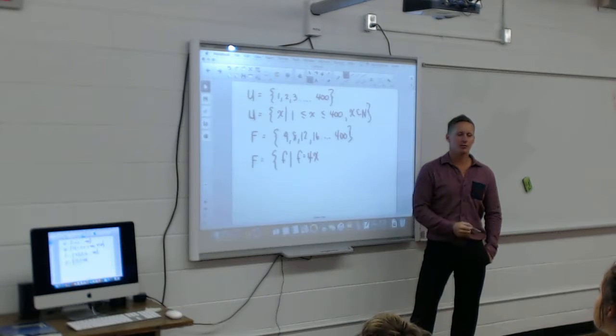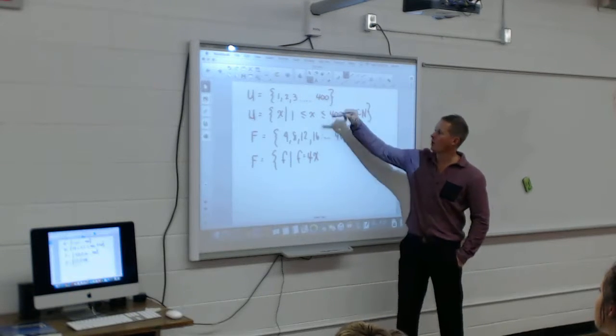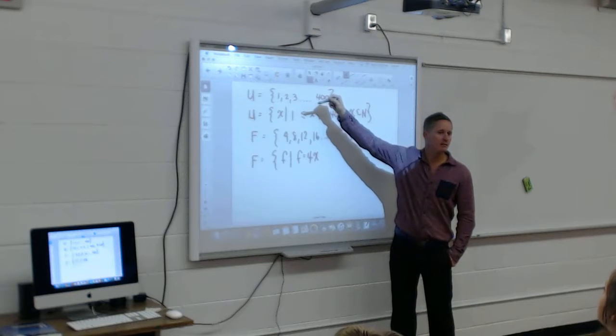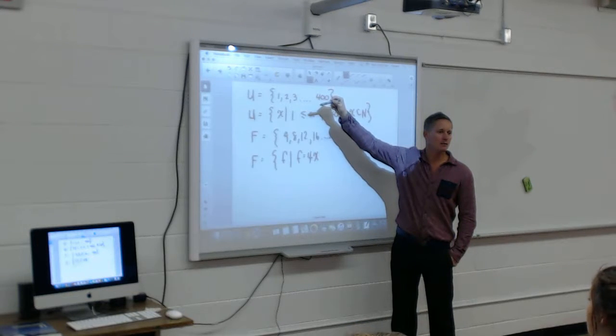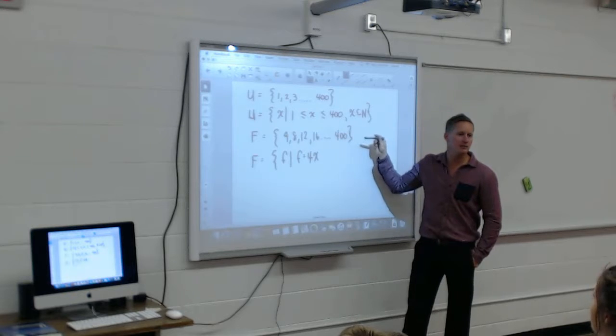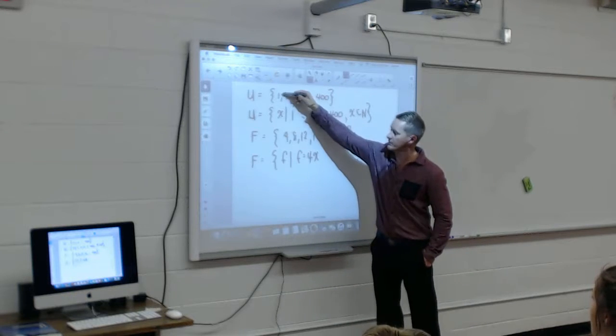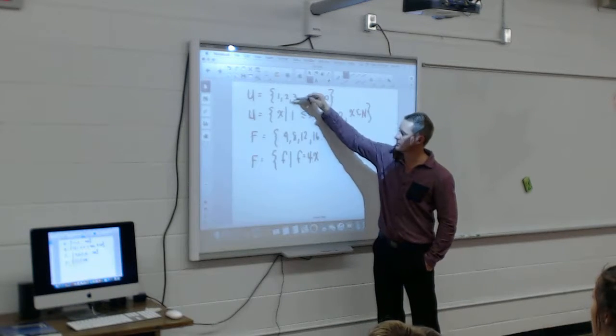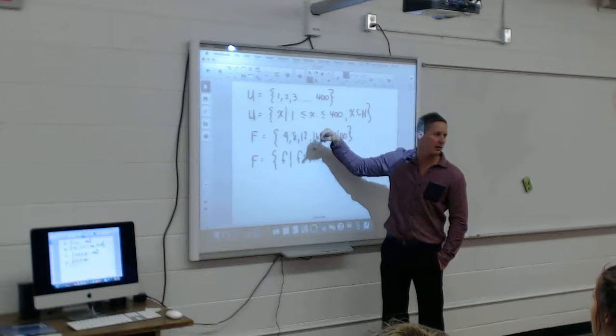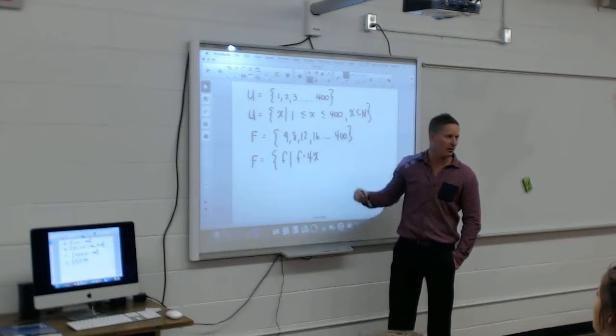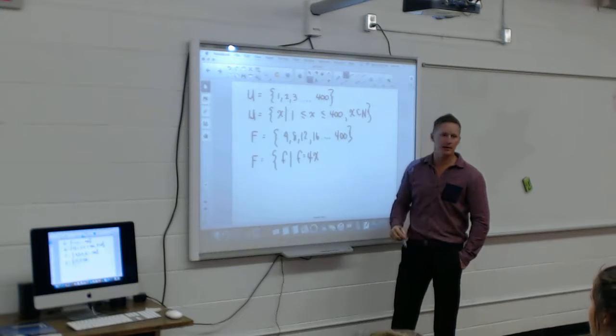How do I get the multiples of 4? I take all of these values and times them by 4. And does that get me all of these values? 4 times 1, 4. 4 times 2, 8. 4 times 3, 12, and so on, correct? So this is how I write it up.